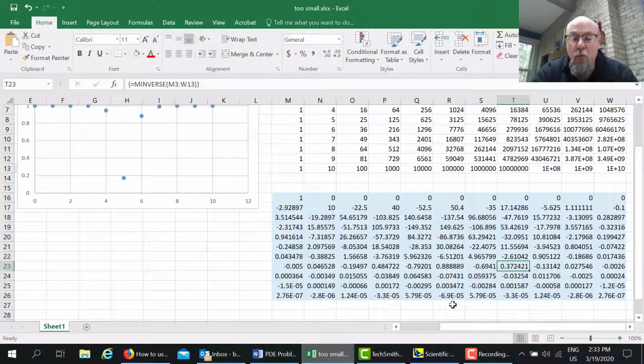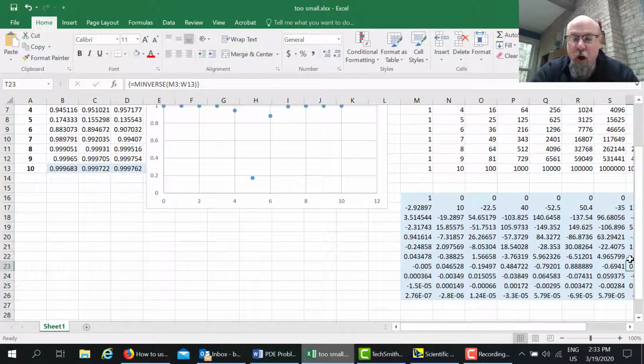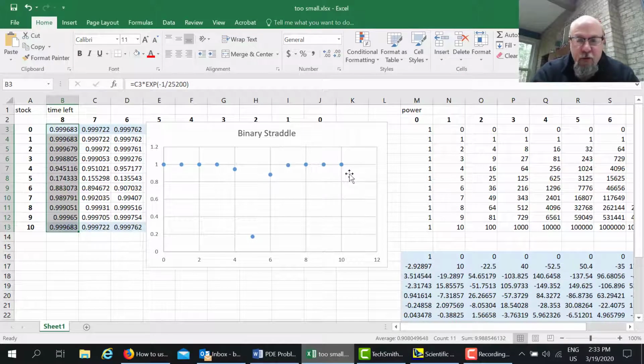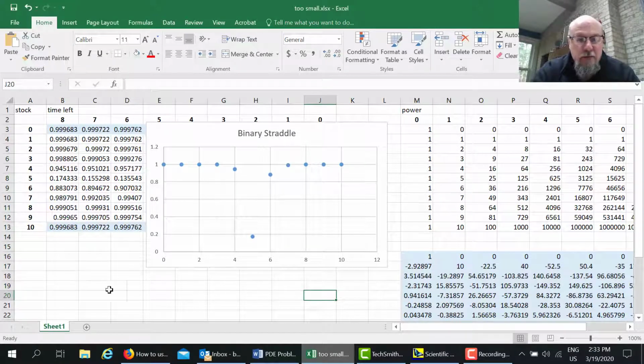Okay, so now I need to multiply this matrix by the vector that's the y values. The vector that's the y values is right here. That's the y values of those points. So I need a place to put it.